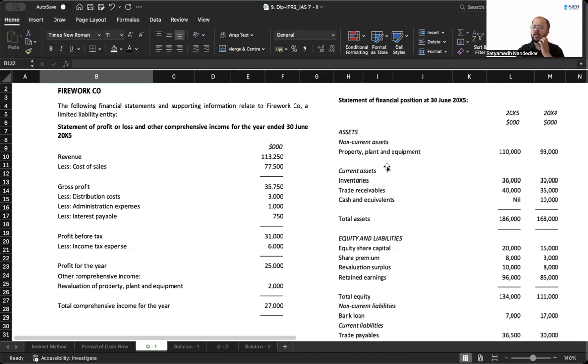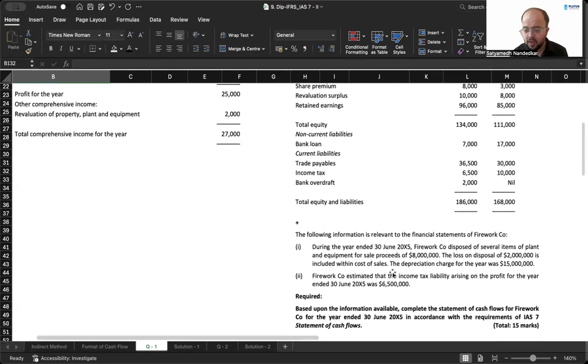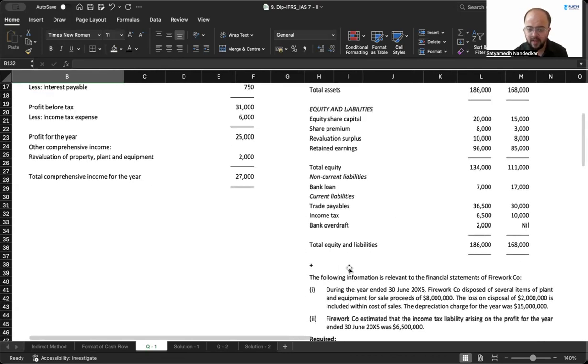Now, whenever you prepare any financial statement, balance sheet, P&L, cash flow, one thing that always helps is going to the adjustments first and identifying which items have an impact, so you can be careful about those. During the year, Firework disposed of several items of plant and machinery, loss on disposal, depreciation charge, loss on disposal included in cost of sale.